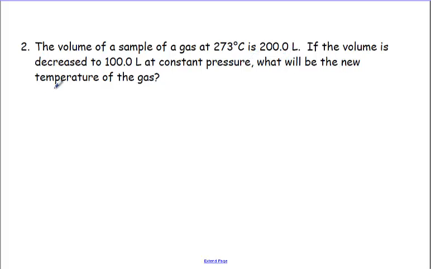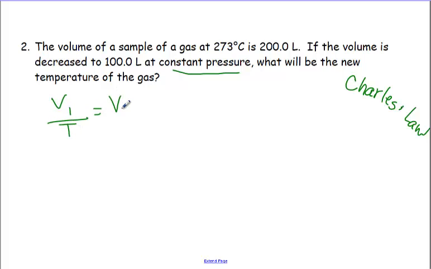If the volume is decreased to 100 liters at constant pressure, what will be the new temperature of the gas? Constant pressure is Charles's law, and we're going to use the equation V1 over T1 equals V2 over T2, because we took out the pressure.